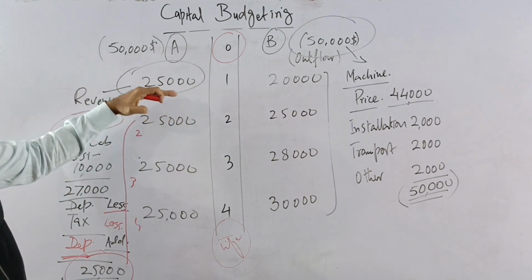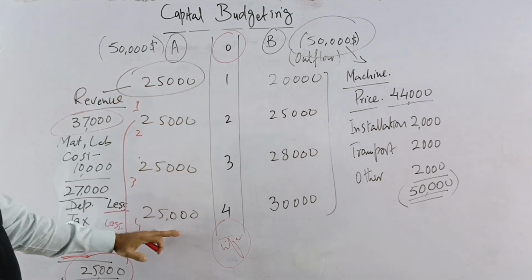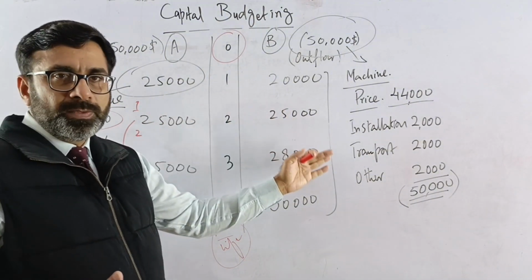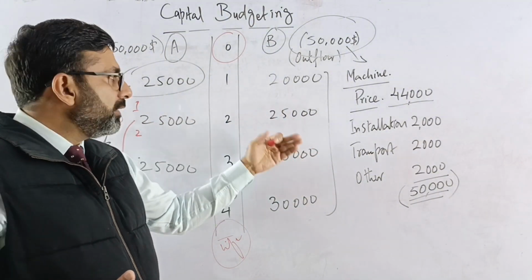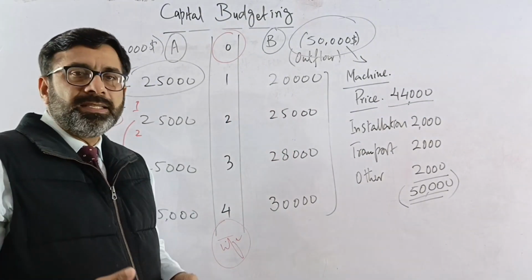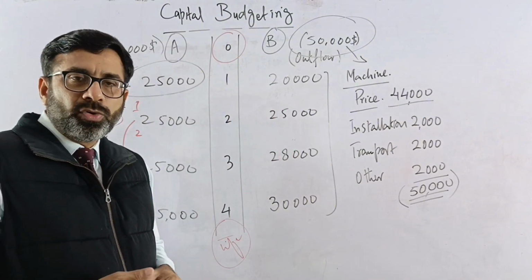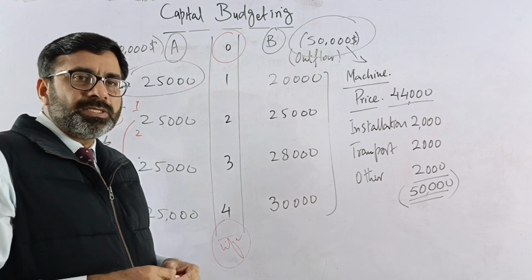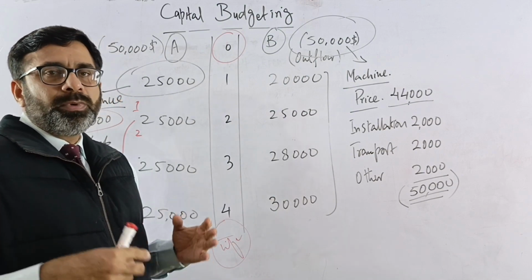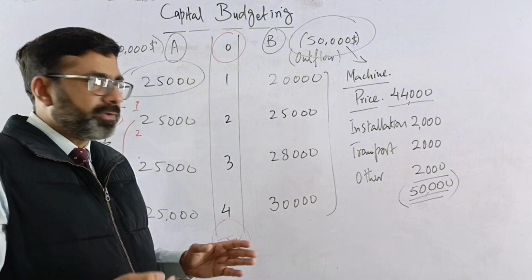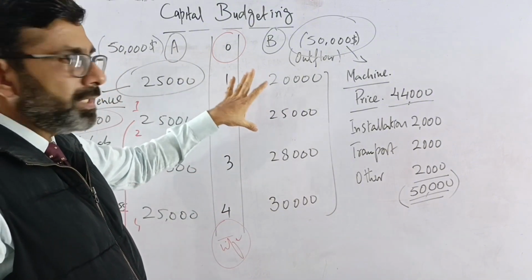So the inflow in the first year is 25,000, 25, 25, 25. But for a real machine, obviously, the inflow is not the same every year. Maybe in the start the sale is less because the product is new, or depreciation is more, or it is due to taxation, or the material they are using is different.